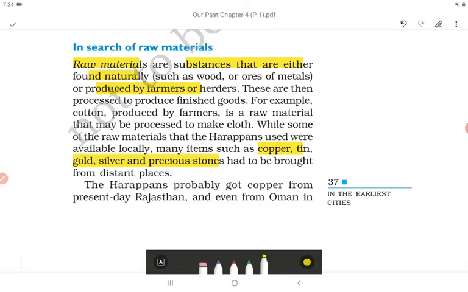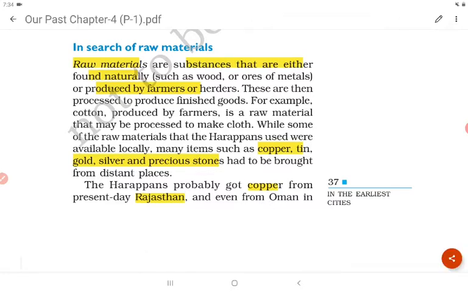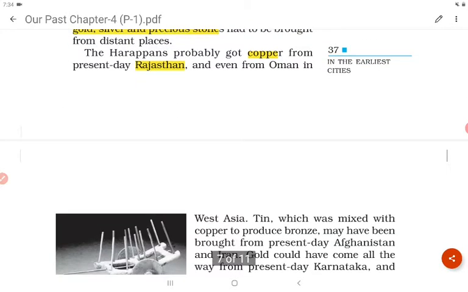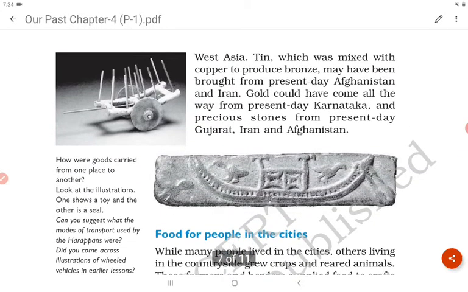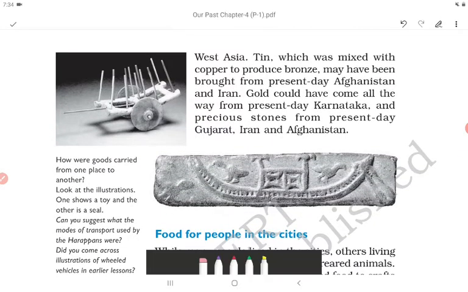The Harappans probably got copper from present-day Rajasthan, and even from Oman in West Asia.